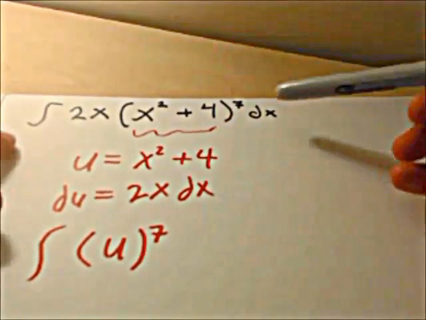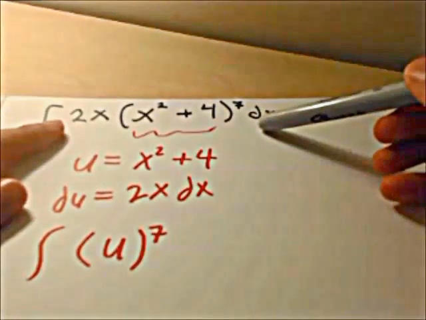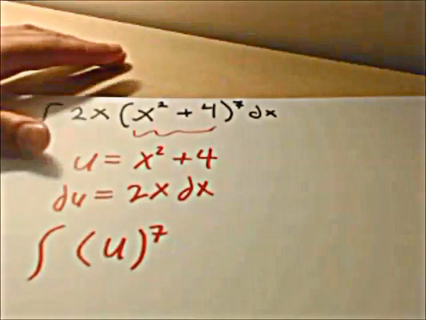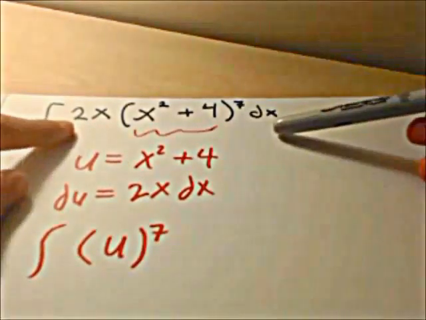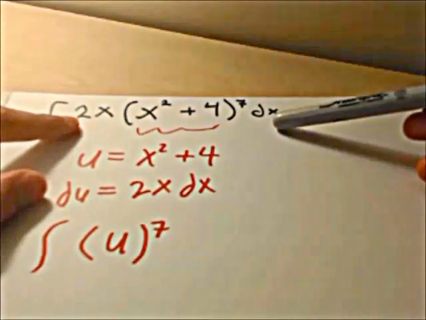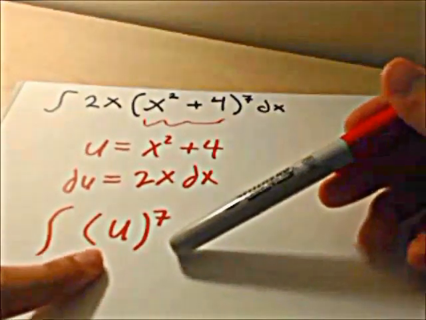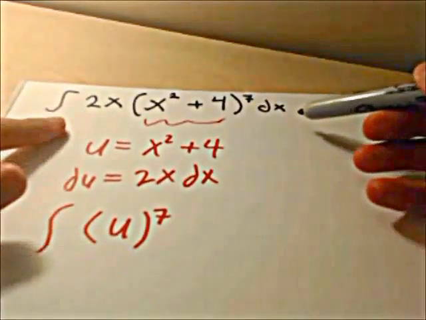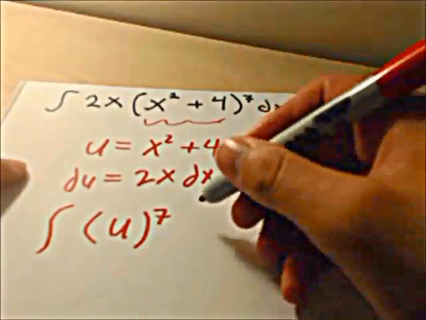Notice that what we've got here is actually the leftover of the original integral. After replacing (x squared plus 4) to the power 7 with u, we're left with 2x dx. So we can rewrite this with the relabeled u to the power 7, and replace 2x dx, the leftover, with du, because that's what du is equal to.